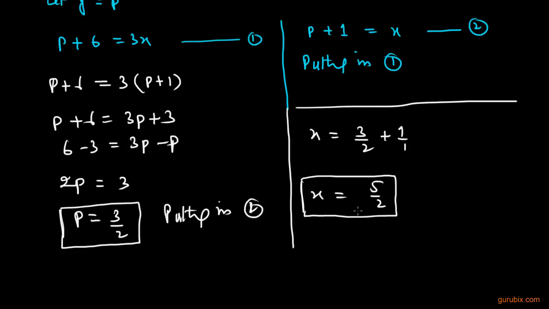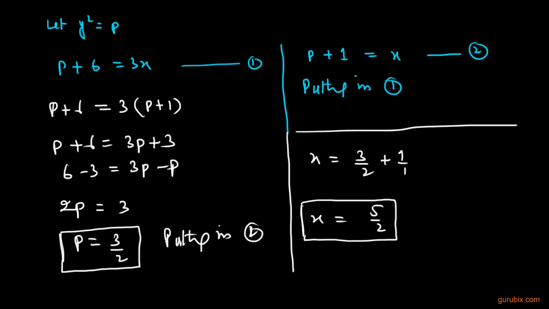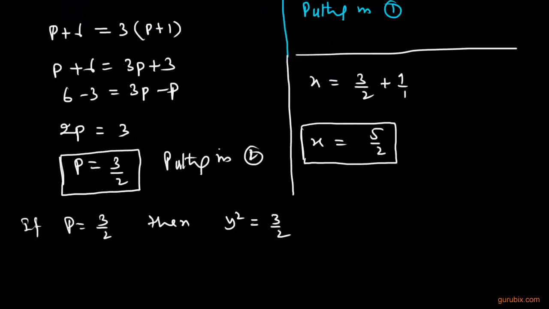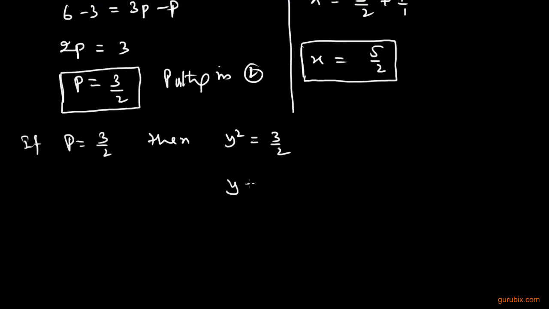So the value of x is 5/2 and the value of p is 3/2. And now we shall calculate the value of y. If p = 3/2, then y² is also 3/2. This means y = ±√3/√2.